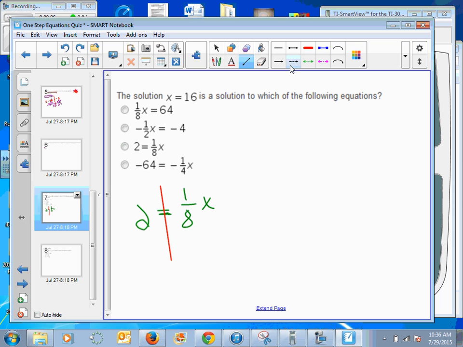The 8 is dividing, so to do the opposite, multiply by 8, multiply by 8, so that'll go away. 8 times 2 gives you, a little sloppy, 16 equals x. So that gave us that x is 16 for that solution. Okay, good luck.